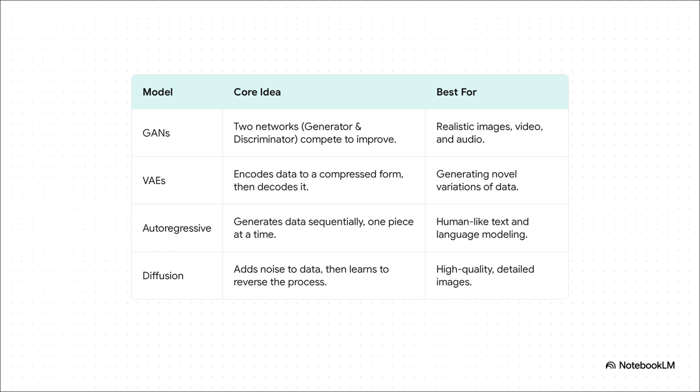Then there are VAEs, which are kind of like the innovators, really good at coming up with new variations on a theme. Autoregressive models, they're the storytellers, building text one word at a time. This is the magic behind a lot of the chatbots you see. And finally, diffusion models. Oh man, these are the super detailed artists, responsible for those jaw-droppingly high-quality images we see everywhere now. Each one is a different tool for a different job.